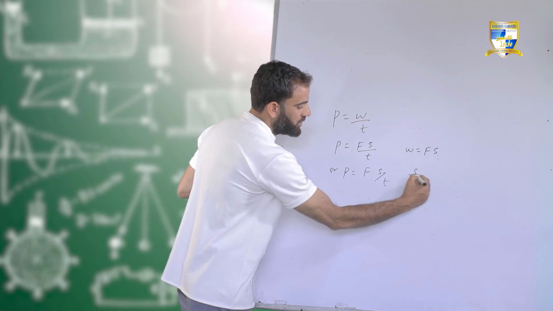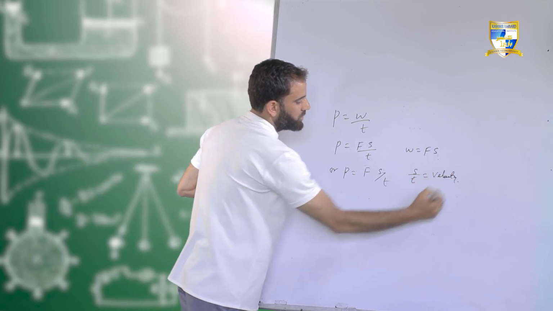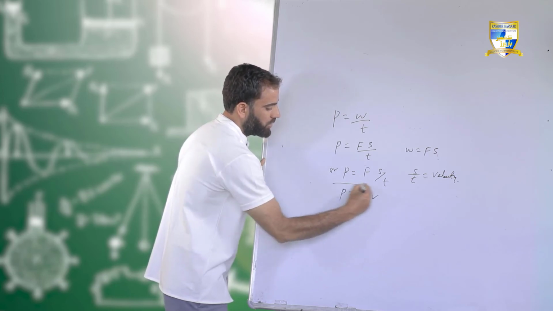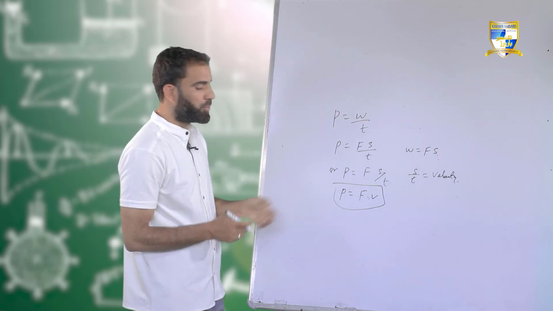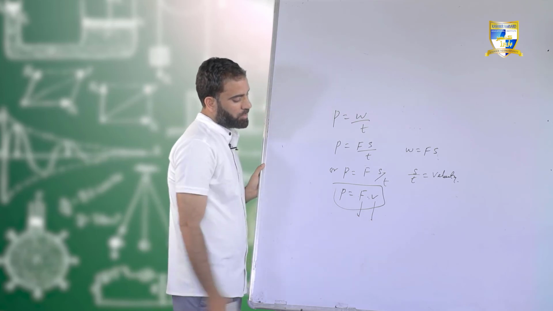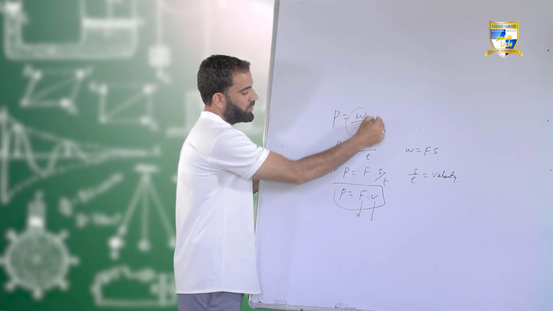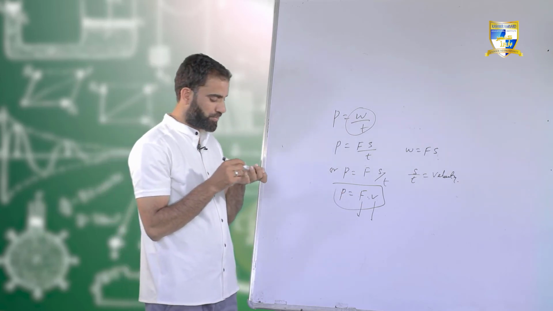So s by t is velocity. So I can write here power is equal to F dot V. This is another equation to calculate power. If you have force and velocity, we can multiply them to get power. So this is the first equation, and this is the second equation, for calculating power.